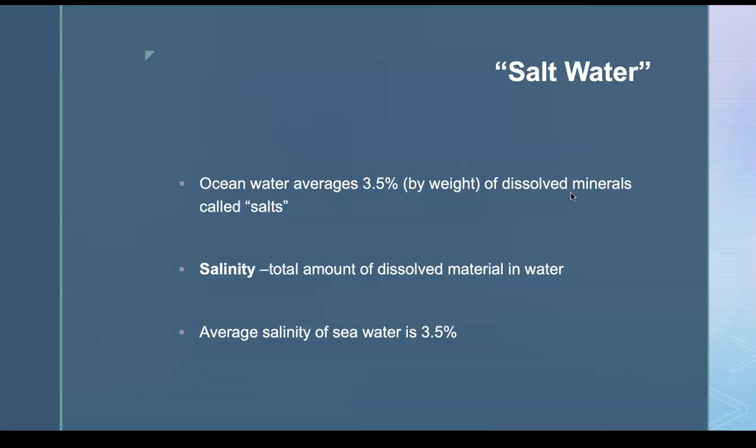I don't think it's in this lecture, but one of the great examples I really like is that water bottle picture you probably saw in the other lecture that shows the different amounts of salinity by the various water types. Anyhow, the average salinity of seawater, as we just talked about, is 3.5%.